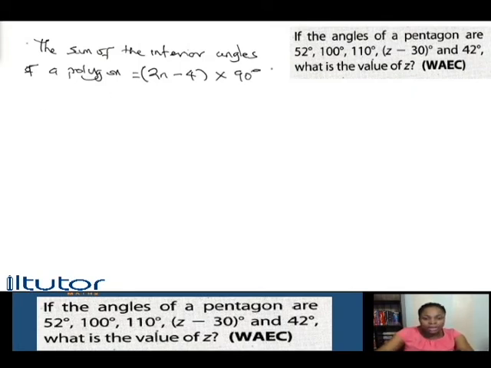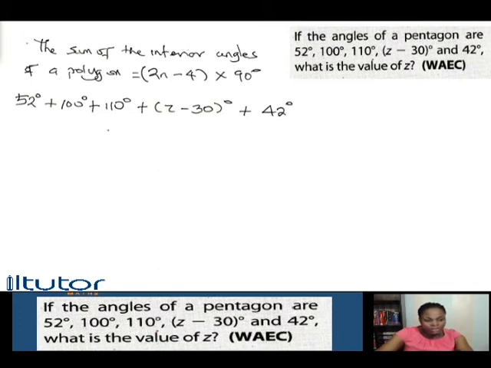So since we have the angles given, we have that the sum is 52 degrees plus, adding the angles, 100 degrees plus 110 degrees plus z minus 30 degrees plus 42 degrees.